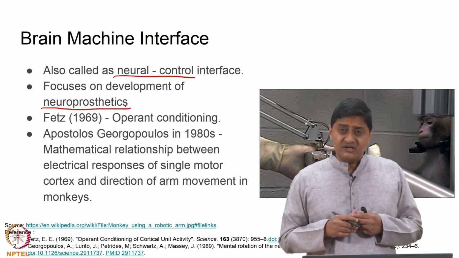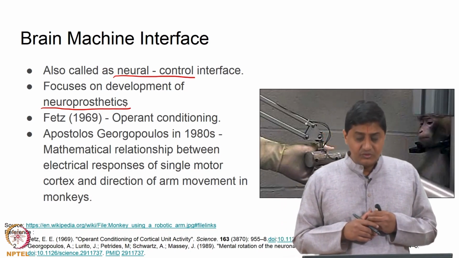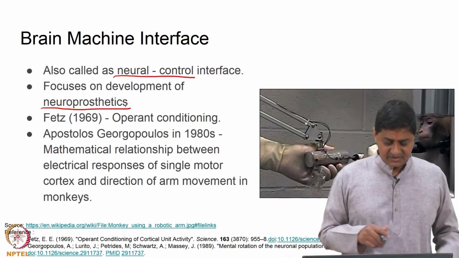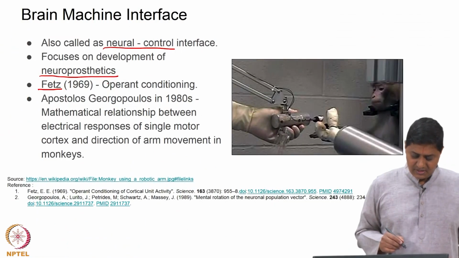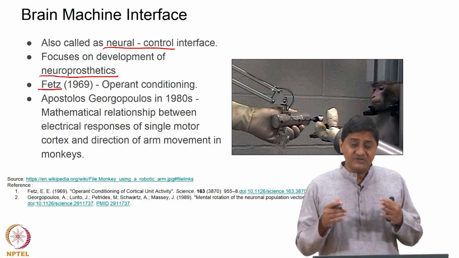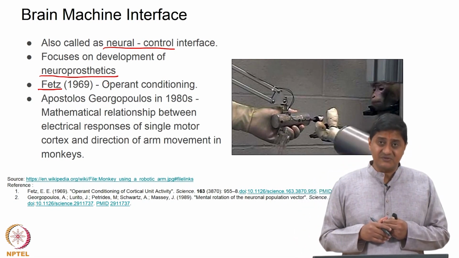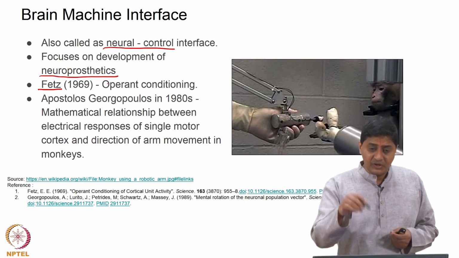It is possible for a monkey, an animal, to be conditioned, right. This was shown much earlier by Fetz and his colleagues. And it is also possible to come up with specific relationships between individual neurons or populations of neurons and particular movements.